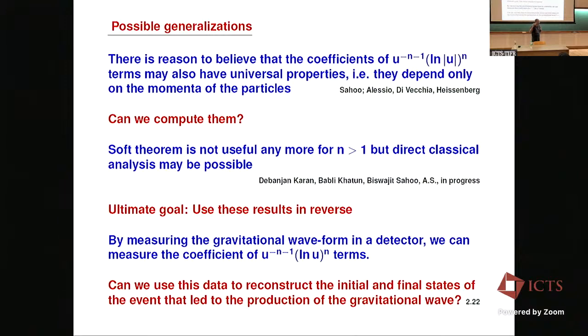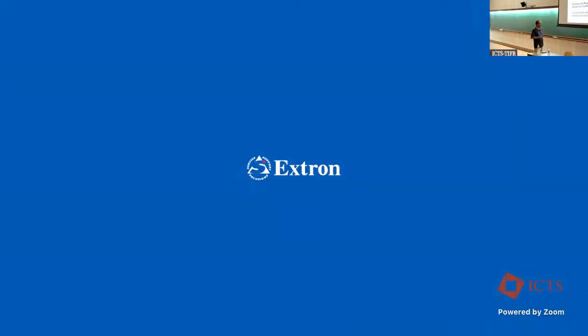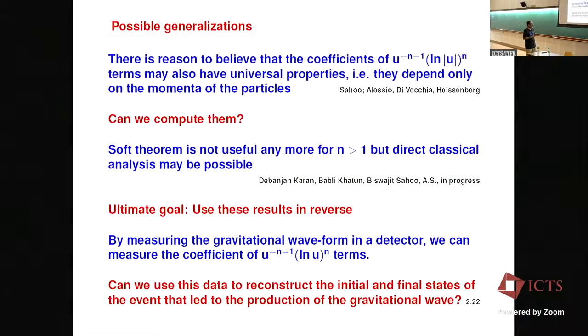The more coefficients you have, the more information you have about the momenta of ingoing and outgoing particles. So if you have really an infinite amount of data, then it's perhaps not too ambitious to hope that in terms of this infinite amount of data, we can reconstruct the initial and final state of the event that led to the production of the gravitational wave.